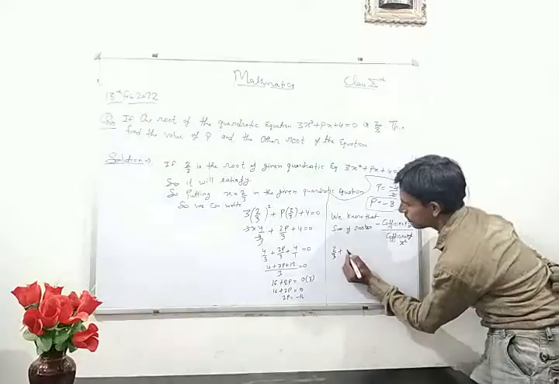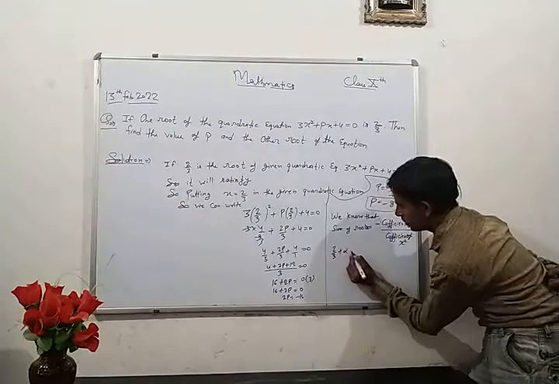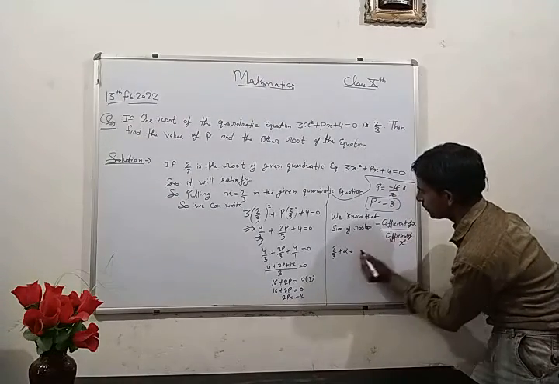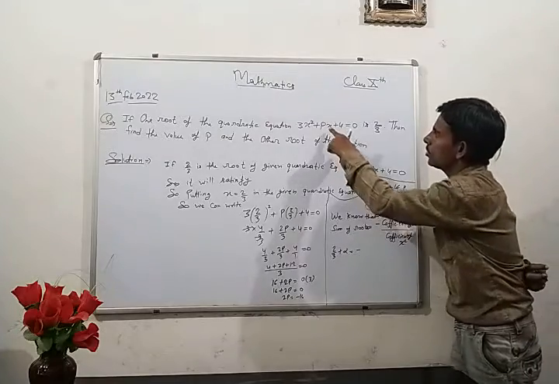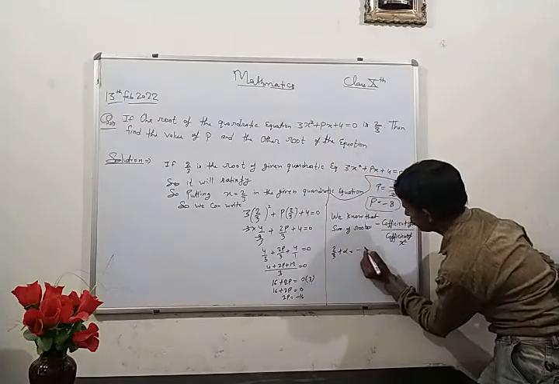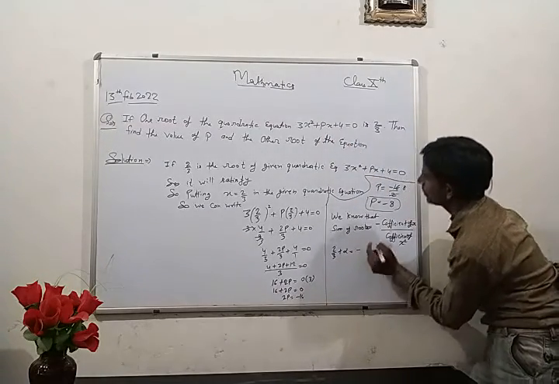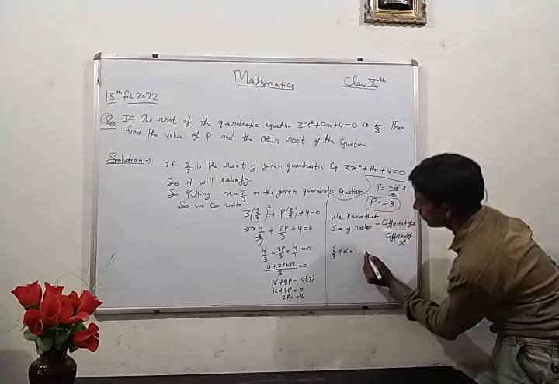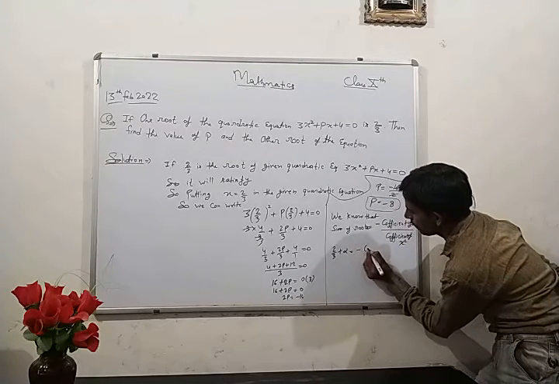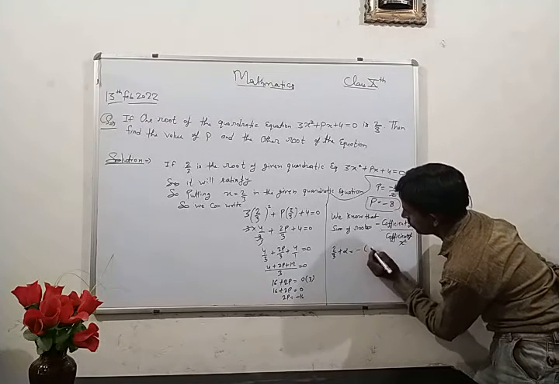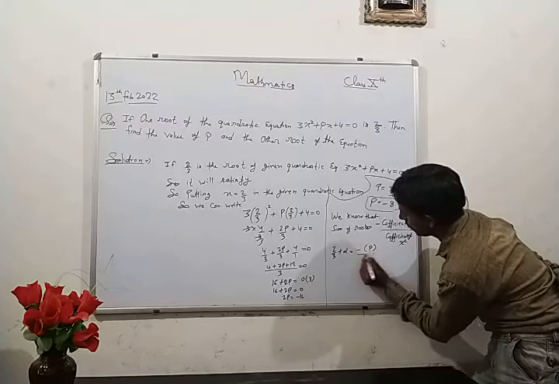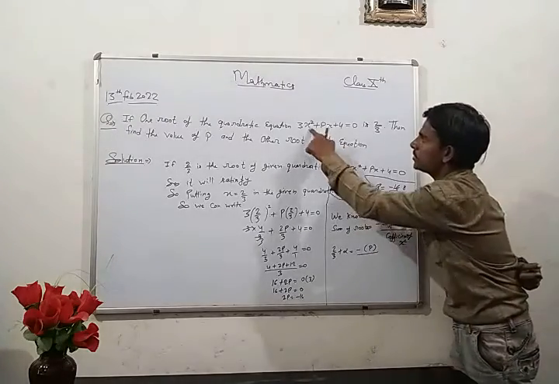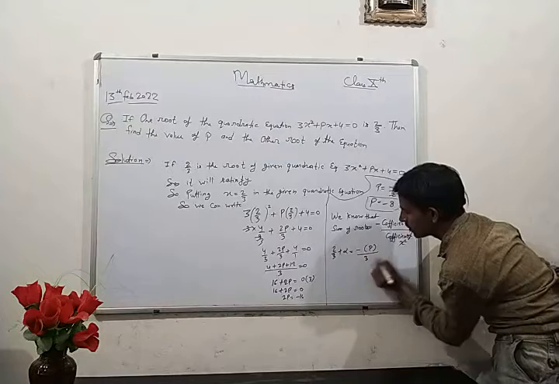So 2/3 + alpha equals minus the coefficient of x, which was p, upon the coefficient of x², which was 3.